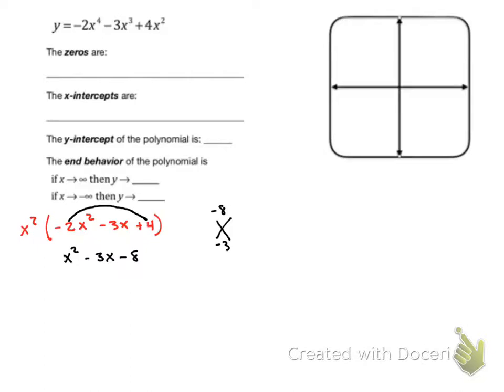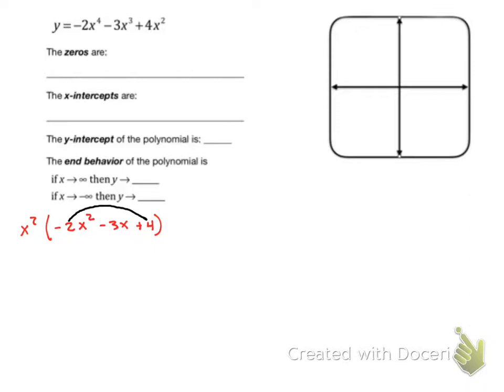Let's see, we have 4 times 2 equals 8. 8 times 1 equals 8. And nothing else multiplies up to 8. And those don't have a difference of 3. So there's no numbers that can multiply up to negative 8 and add to negative 3. So we can't do the diamond method, which means we have to use the quadratic formula.